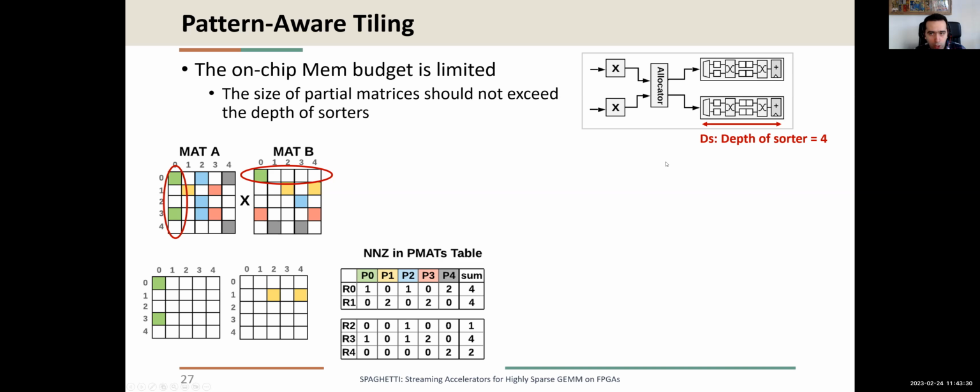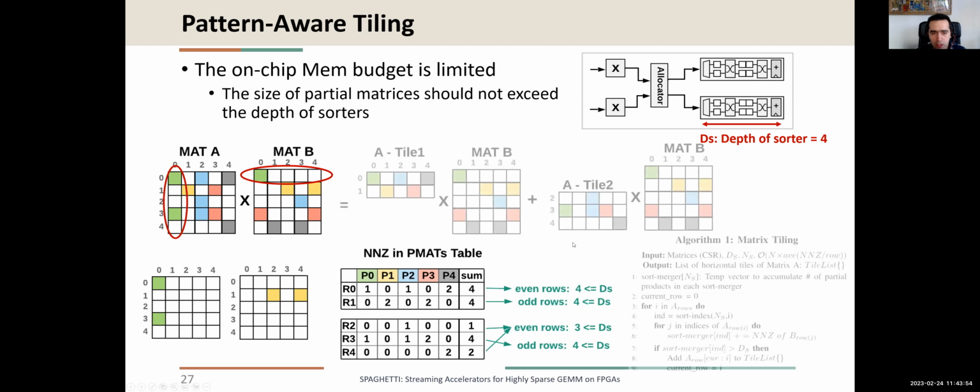If I send R1 to the second sorter, the size is 4. That means that I cannot send the next odd row, which is R3, to this one. So I have to stop there, wait until this round of compute is done, then I can start the next round. That is how we do the tiling.